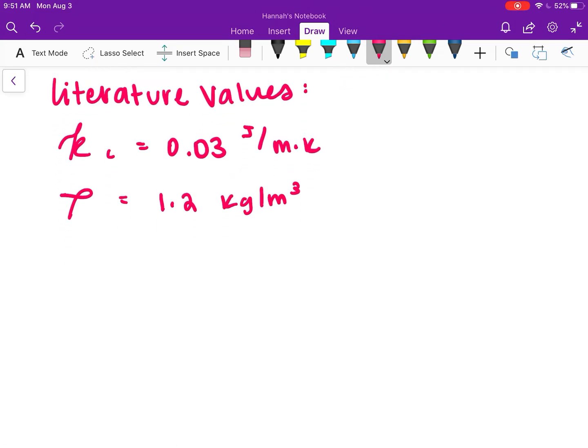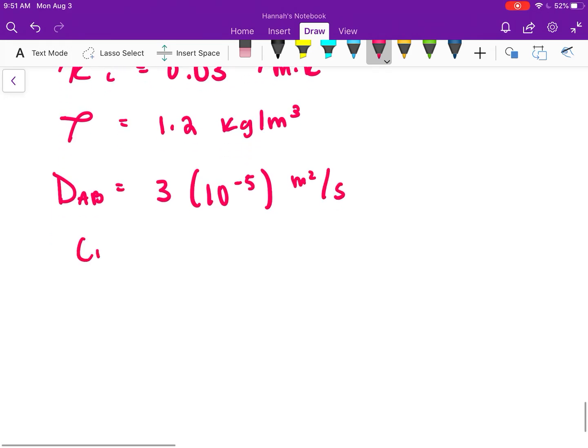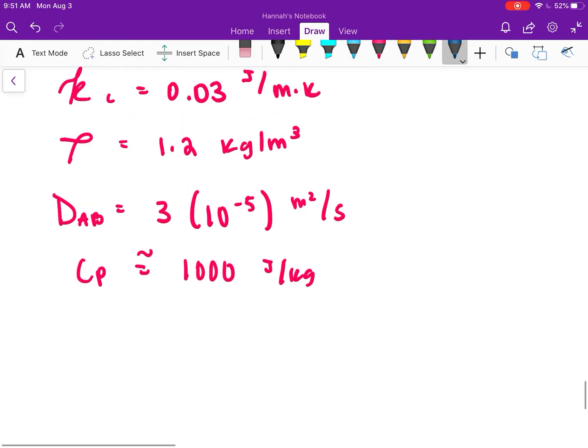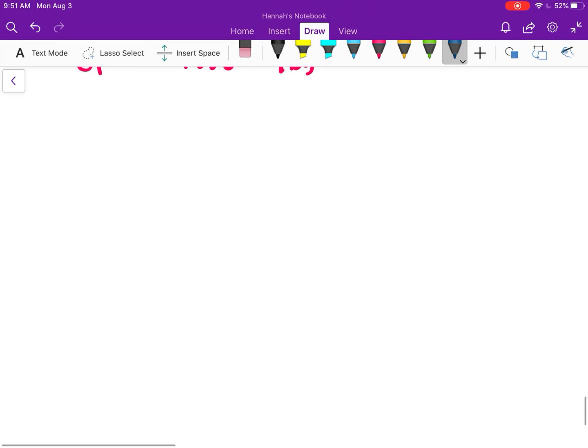The diffusion coefficient of air in water being equal to 3 times 10 to the negative 5th meters squared per second. And the heat capacity of air being approximately equal to 1,000 joules per kilogram. So using that and these relationships we said above, we know that the Lewis number of air is 1 as given in the problem.